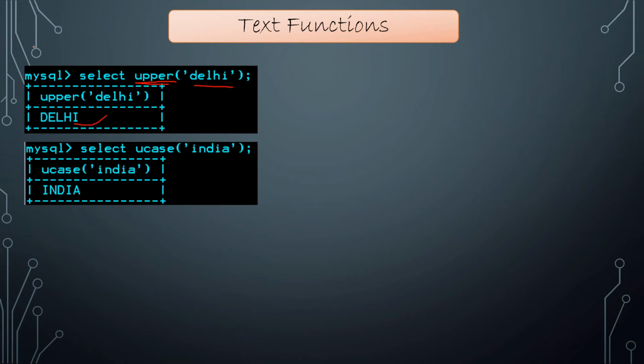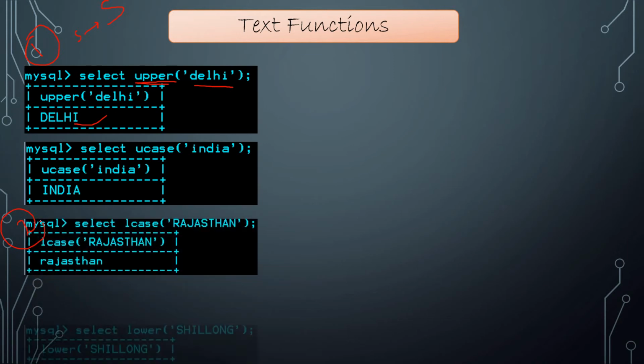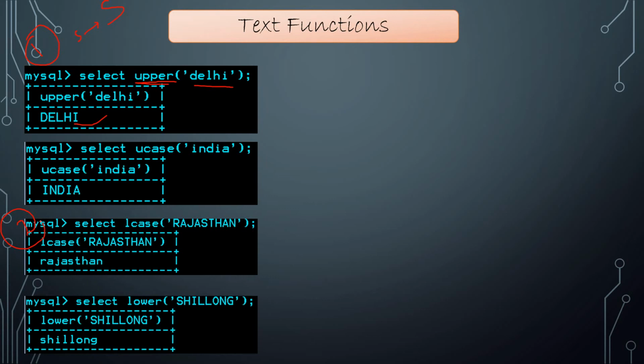This is the first one, to convert small letters into capital letters, and here we use upper or UCASE. Now next, if I want to convert uppercase into lowercase, capital letters to small ones, then I have the function LCASE or lower. I can use either of them.